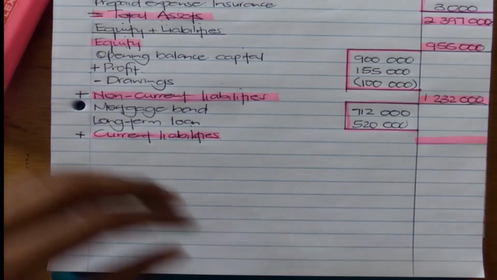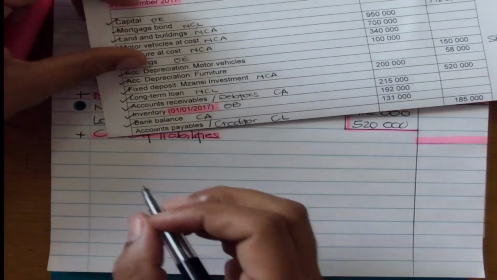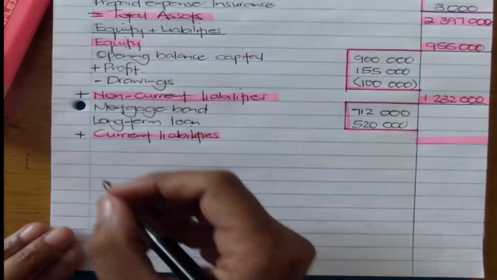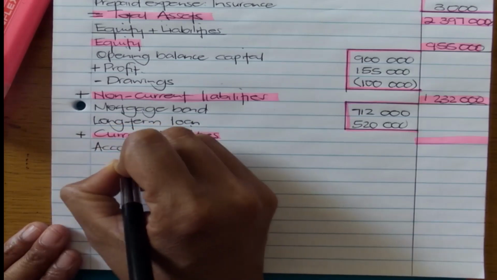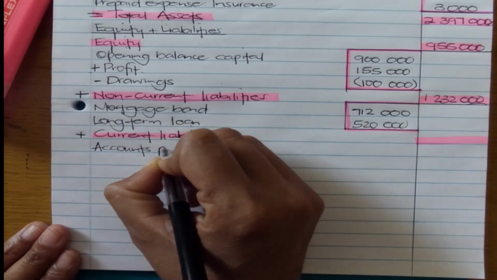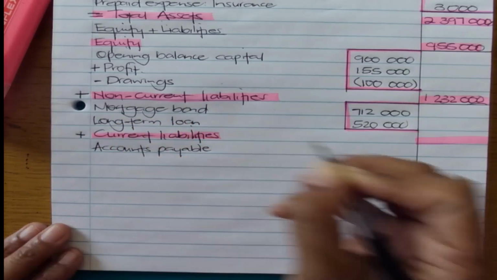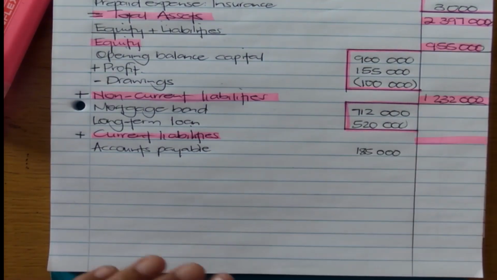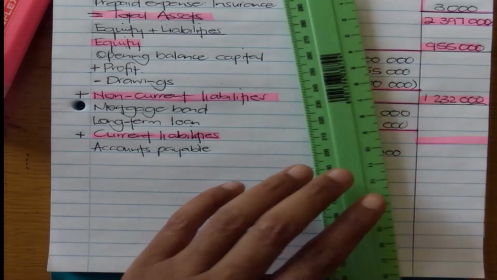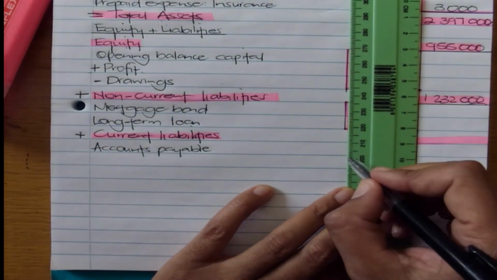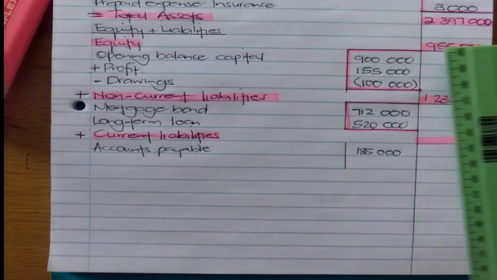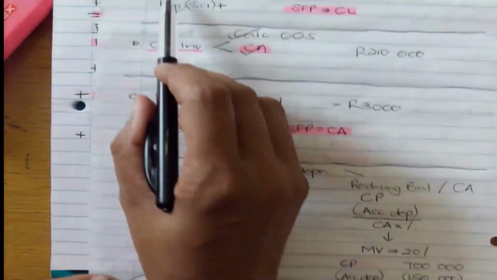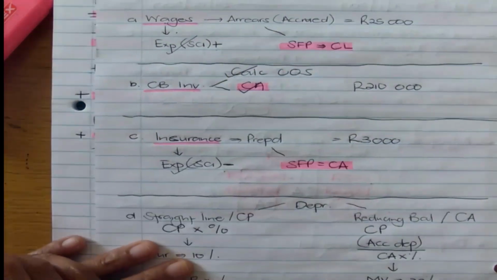And now, what's our current liabilities? What we have left is our accounts payable. We're going to use that now, 185,000. So it's accounts payable, 185,000. And remember our adjustment. Right? What was our adjustment? The salaries and wages. What was salaries and wages?